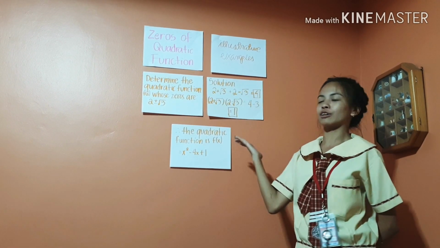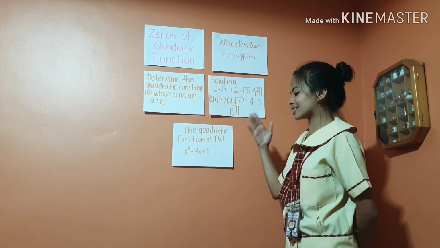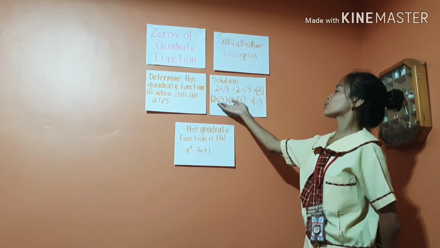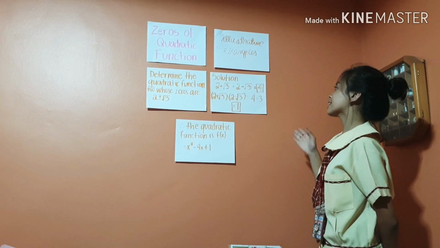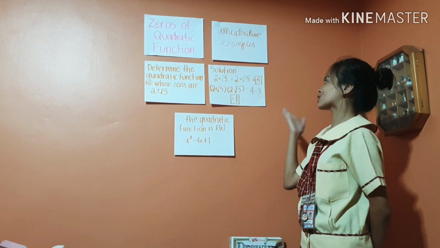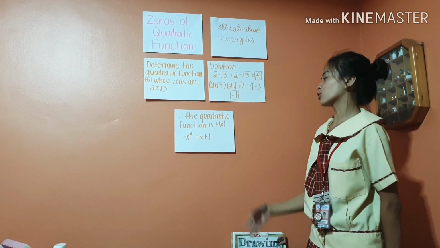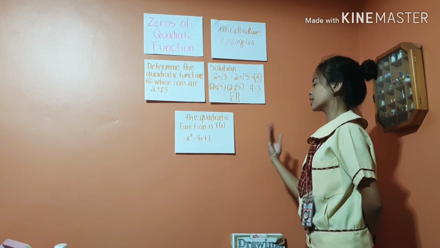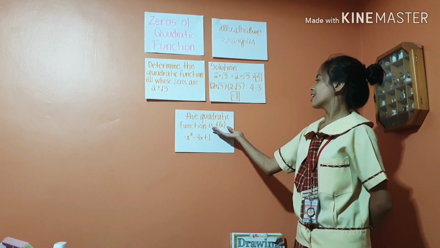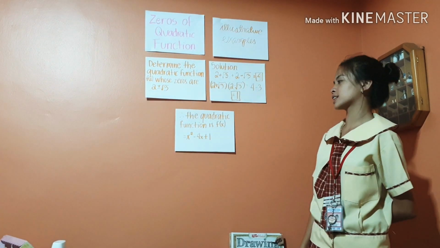So 2 plus 2 equals 4. In getting the product of the roots, quantity 2 plus square root of 3 times quantity 2 minus square root of 3 equals 1. So therefore, the quadratic function is f of x equals x squared minus 4x plus 1.